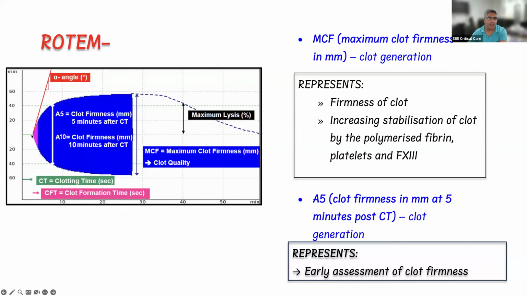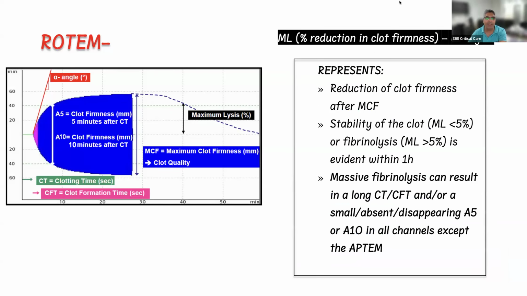If you start clotting here, 5 minutes post clotting, what is the clot firmness? What is the height? That represents the A5. This is an important number. For the A5 we look at FIBTEM. The A5 represents the initial firmness of the clot. I'll go into detail in a subsequent slide.